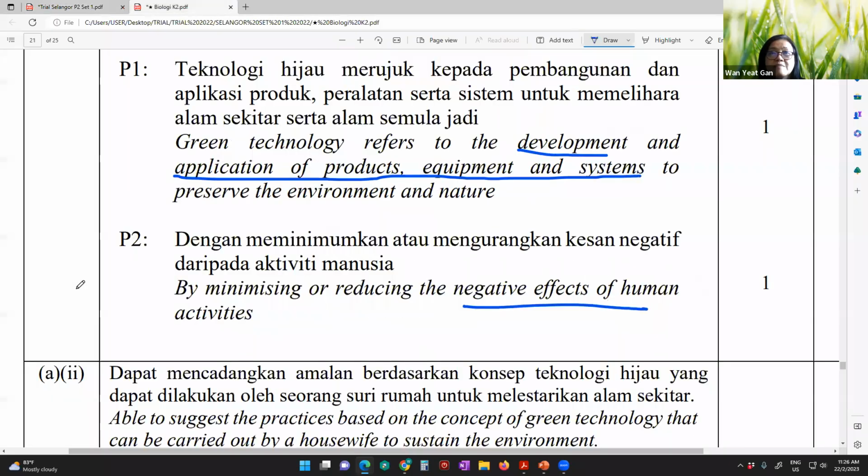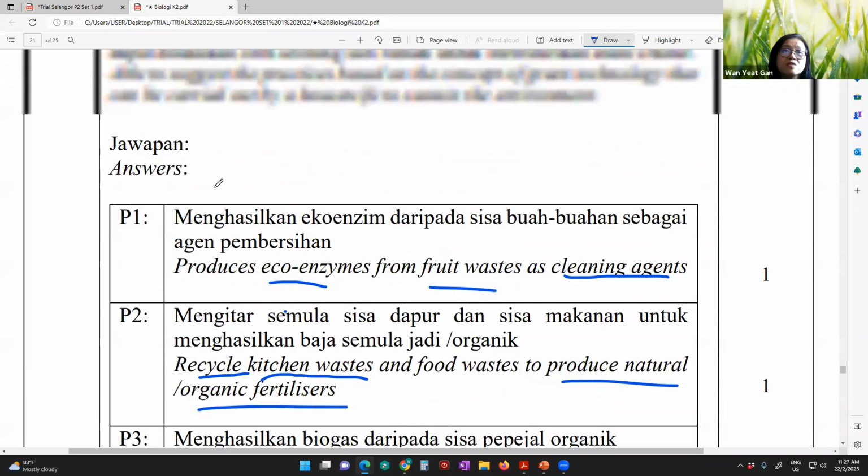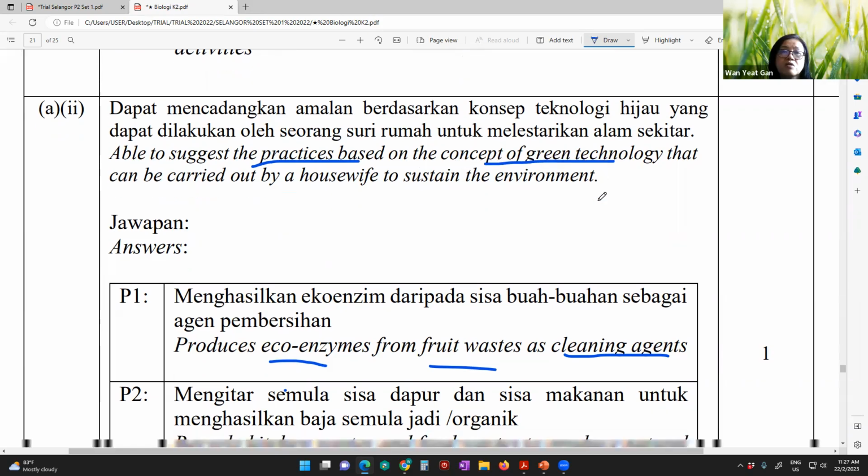Because food waste has enzymes, after you ferment it for a long time, it can become a very powerful cleaning agent. Or you can recycle food waste to produce natural organic fertilizer, so you don't have to buy fertilizer for your plants. Because the question asks about practices: what can the housewife do to sustain the environment by applying green technology?